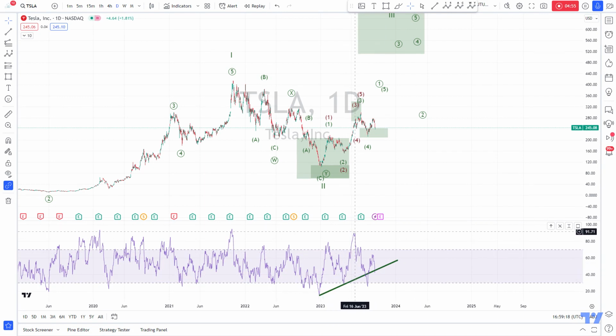Then a wave 3 has the highest reading. We break the RSI trend line in a wave 4, and then we end with divergence. So this is typically the pattern that I like to see for an impulse.